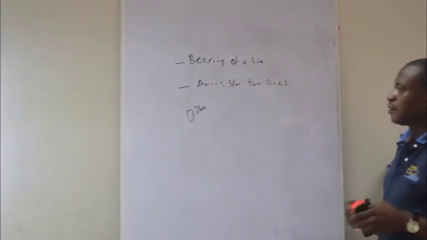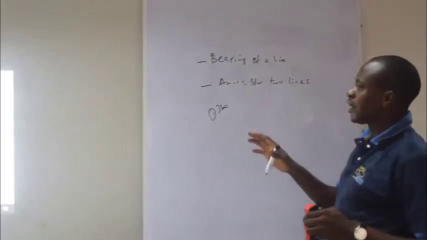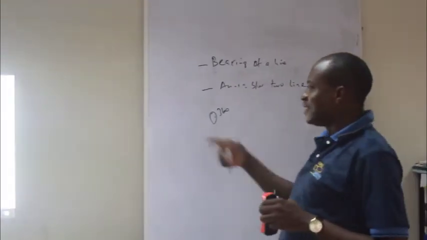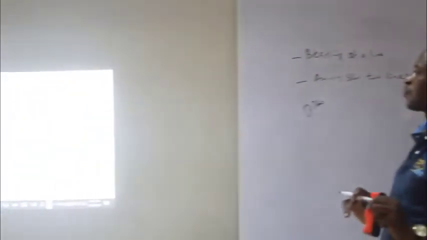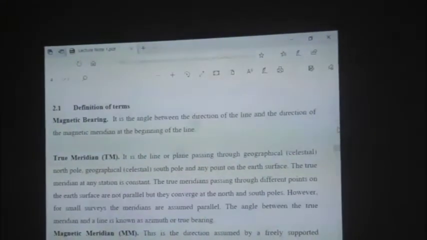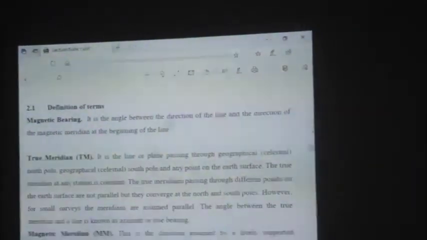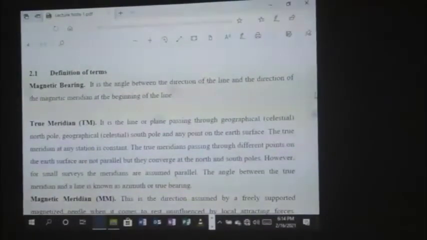the magnetic meridian. So now let's look at the true meridian. True meridian is the line or plane passing through the geographical north pole, the geographical celestial pole, and any point on the Earth's surface.